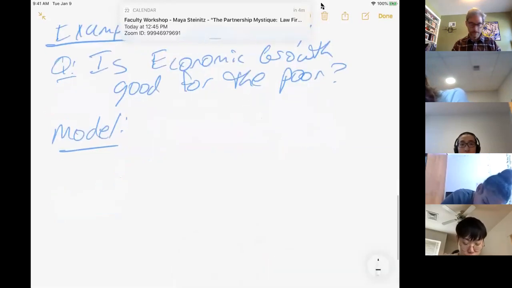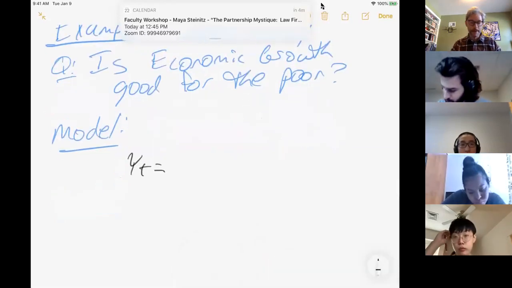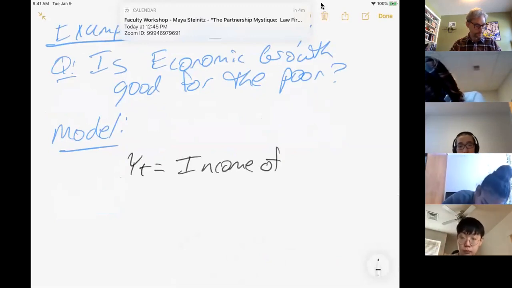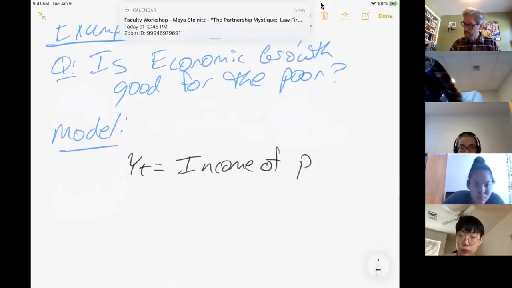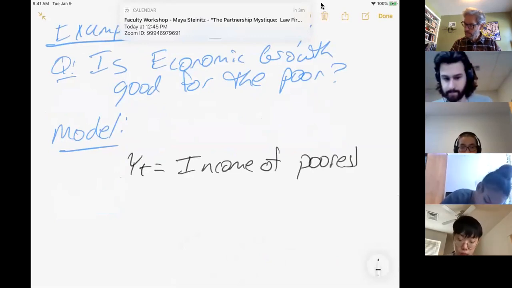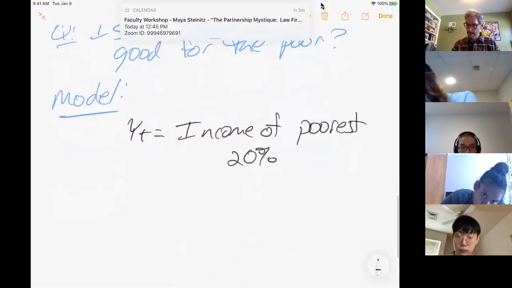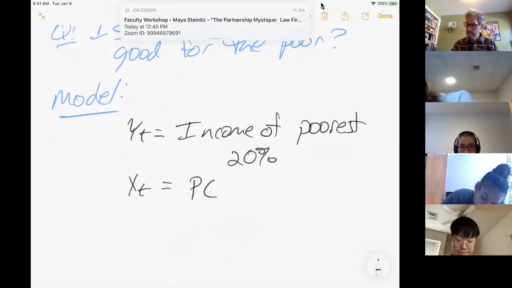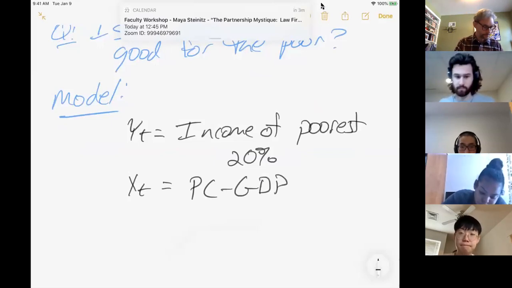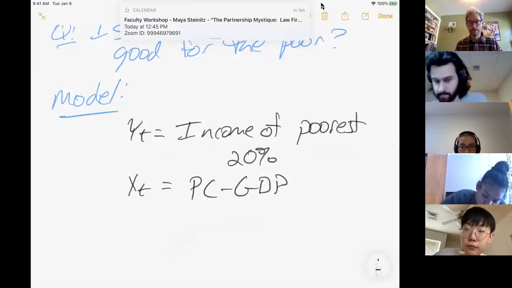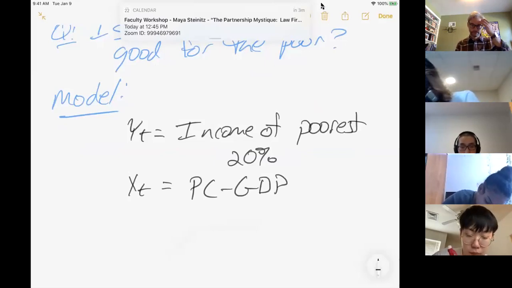And here's the model. They use as their dependent variable the income of the poorest 20%. And their explanatory variable is overall per capita GDP.